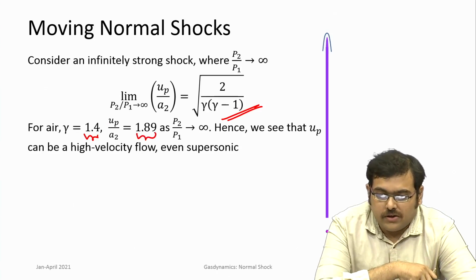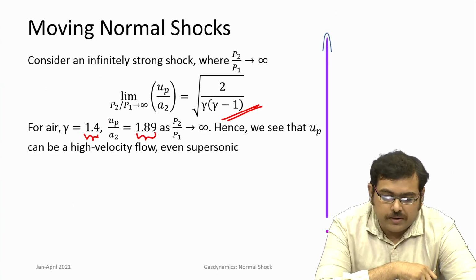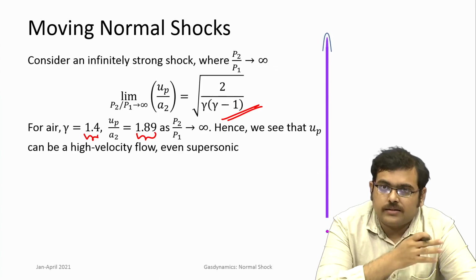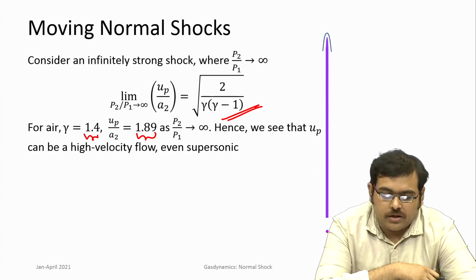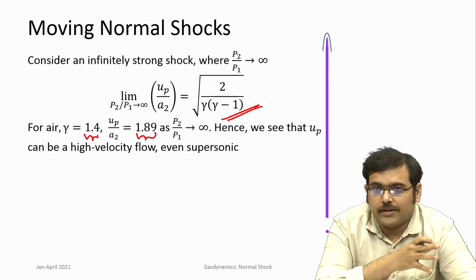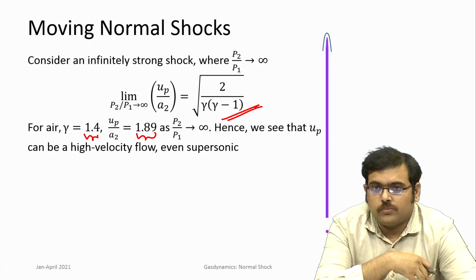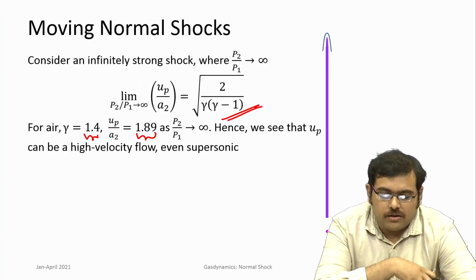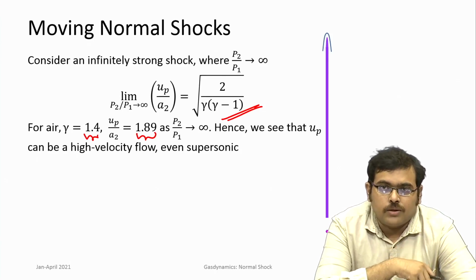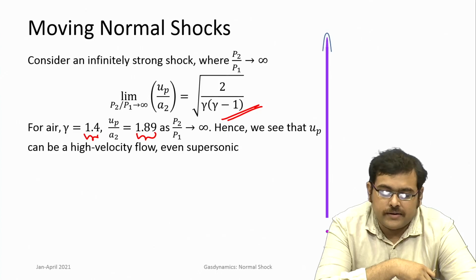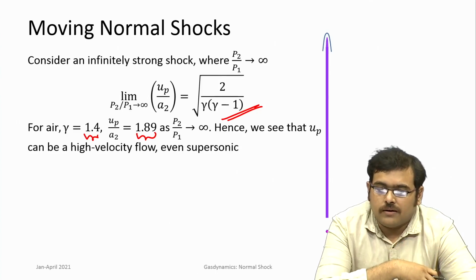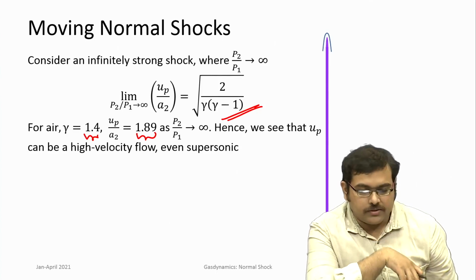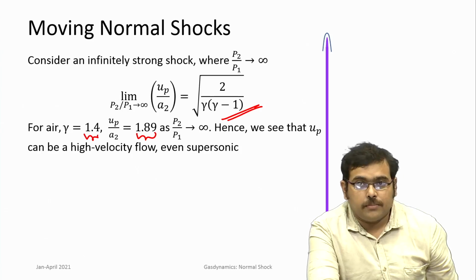So, that means for a very strong shock wave, the Mach number of the gas flow behind the shock wave is nearly 1.89. It is supersonic, it is very high speed, and so it is not a very small velocity, it is a very high velocity flow behind a strong shock, and it can carry huge amount of momentum along with it, and that is what affects bodies once shock waves pass, besides the jump across the shock wave.